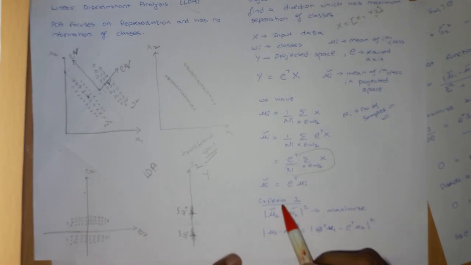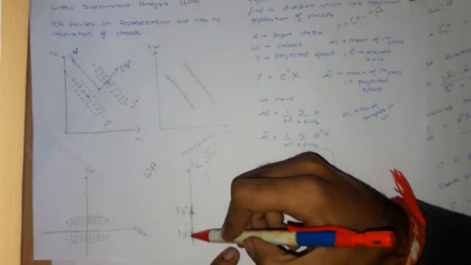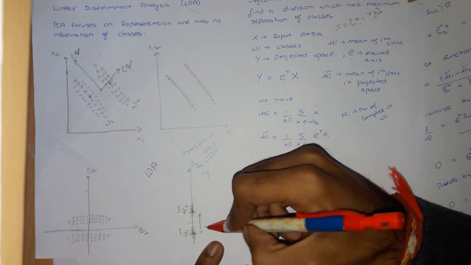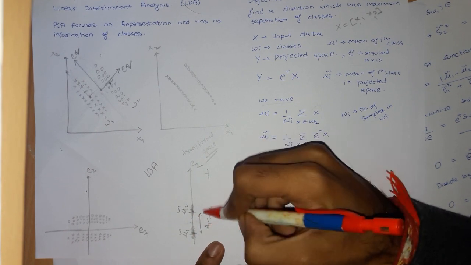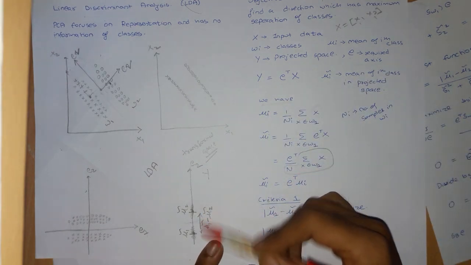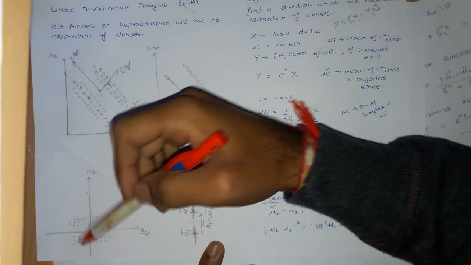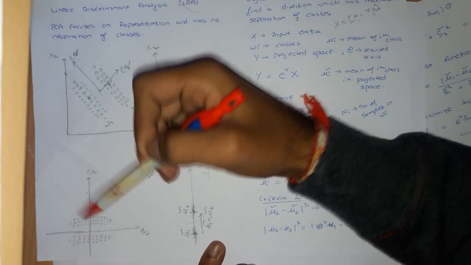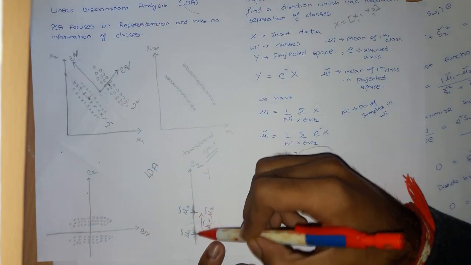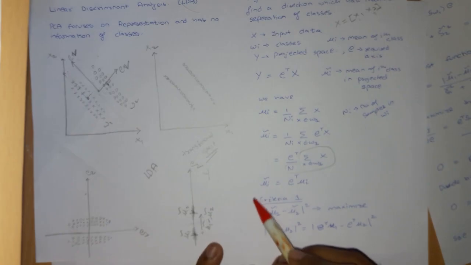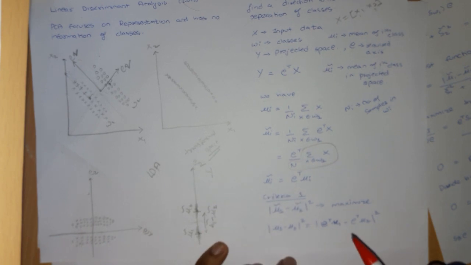So I can have one criteria that the distance mu1 minus mu2 tilde should be maximum. I don't require the variance to be maximum. Instead, I require the separation of means to be maximum. So let me take this as criteria 1.